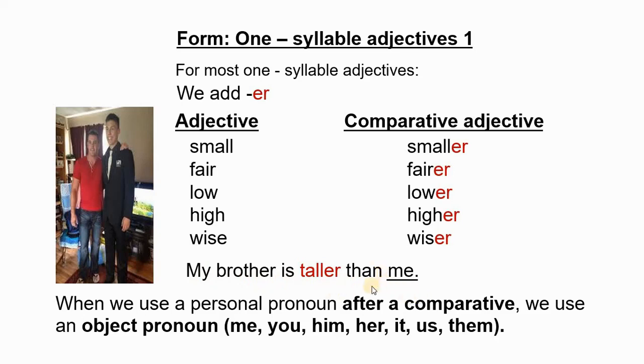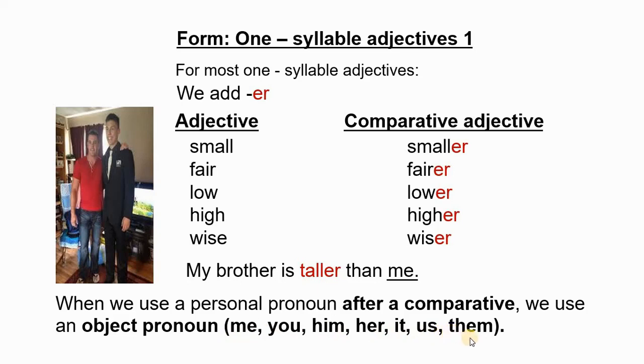Notice here, me, we have used a personal pronoun, me. So this is a rule here. When we use a personal pronoun after a comparative, we use an object pronoun: me, you, him, her, it, us, and them.